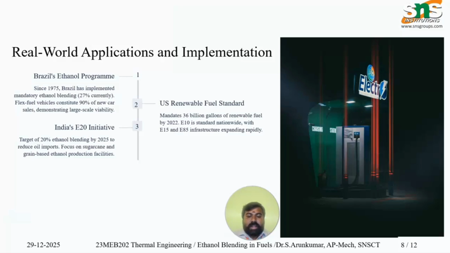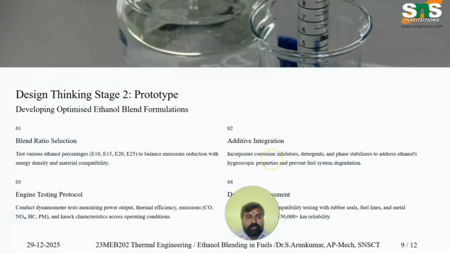The ethanol blend of 10%, called E10, is standard nationwide, with E15 and E85 infrastructure expanding rapidly. In India's ethanol 20% initiative, the target is 20% ethanol blending by 2025 to reduce oil imports, with a focus on sugarcane and grain-based ethanol production facilities. These are some initiatives taken by various governments.